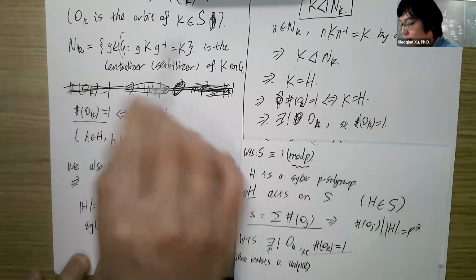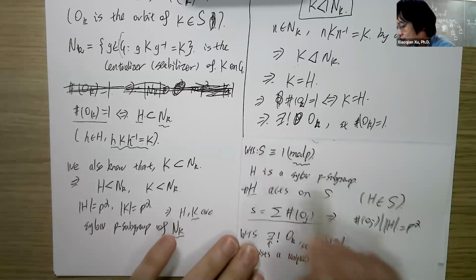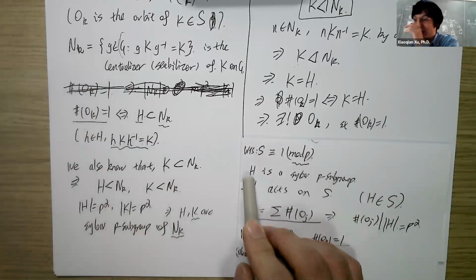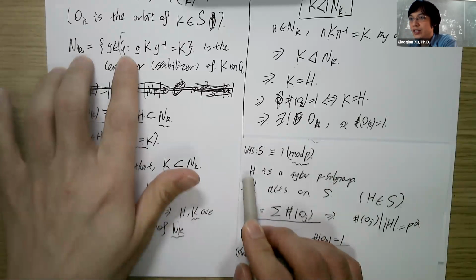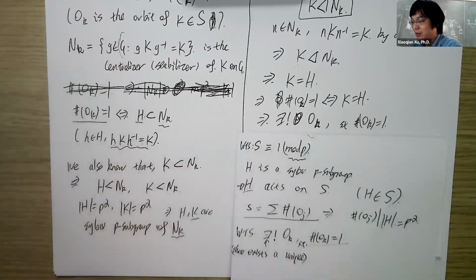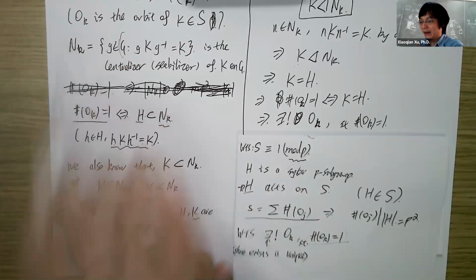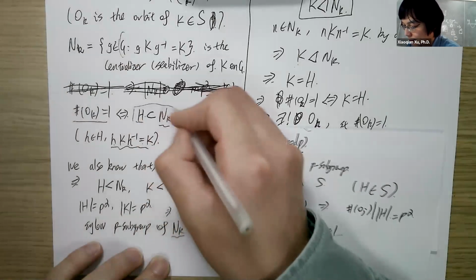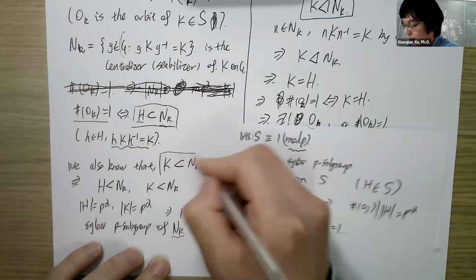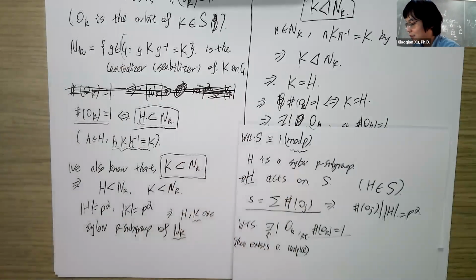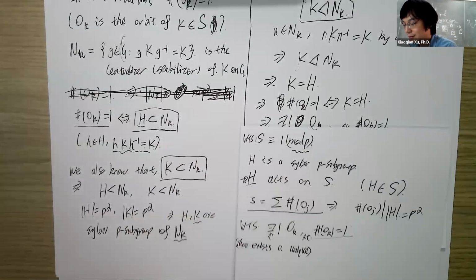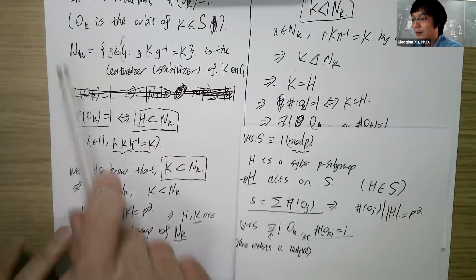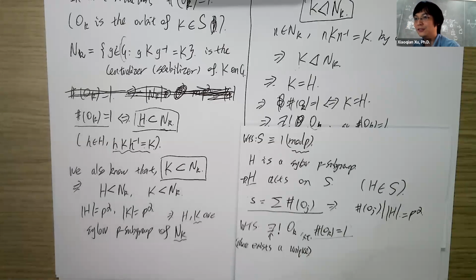Then we try to find, okay, this is an action of H. But if we try to find the stabilizer of the action of G, then we find that this stabilizer contains both H and K. Because we know that H is a stabilizer, its orbit equals 1. And K is also the stabilizer of K, of course, right?